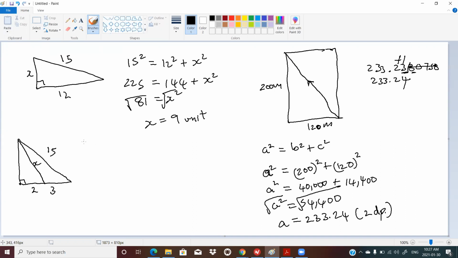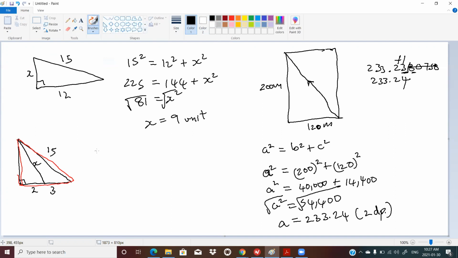So for the outer triangle, remember the aim is we're trying to find the height first. So the height for the outside triangle would be one of the shorter sides. If I were to highlight just the outer triangle, it's going to be a little difficult, but bear with me. Use this pen.